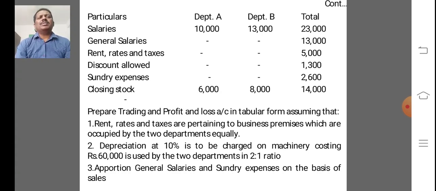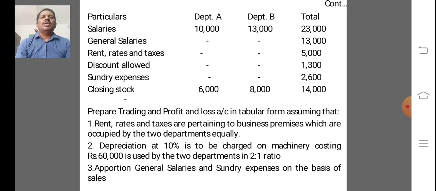General salaries 13,000, total is given. Rent, rates and taxes is also given in total, 5,000. Discount allowed 1,300 given in total. Sundry expenses also given in total column, 2,600. Closing stock for A department 6,000 and B department 8,000, total 14,000.